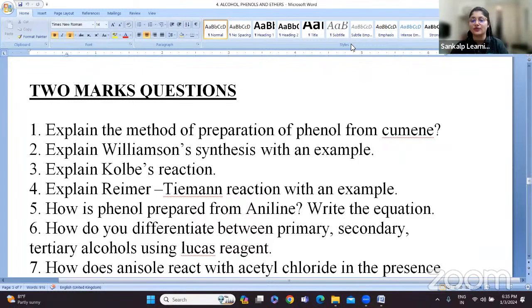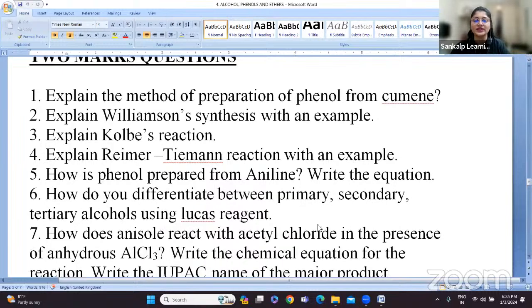Then we do acidification, and on acidification it gives you salicylic acid. This was the reaction we have seen.